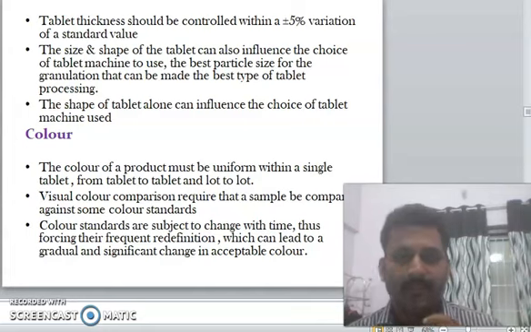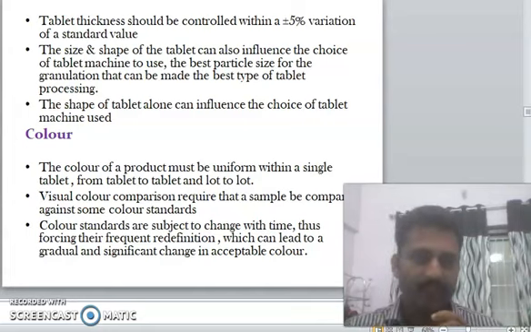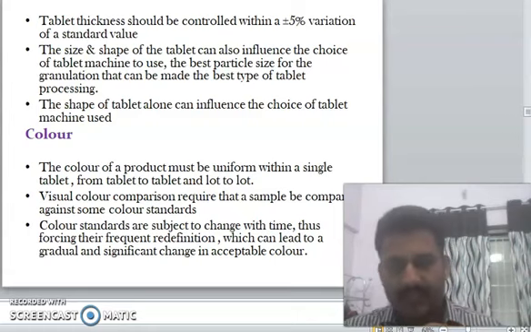Continuing, the first one we can call tablet thickness. It is another evaluation test of a tablet, because the thickness of the tablet should be uniform, or it should be controlled within plus or minus 5% variation of the standard value.